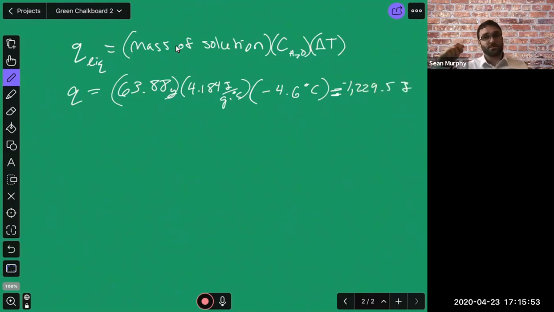Okay, here's the tricky part. Our thermometer is measuring the water, not the chemicals. So we have to do a little bit of flip-flop in here.